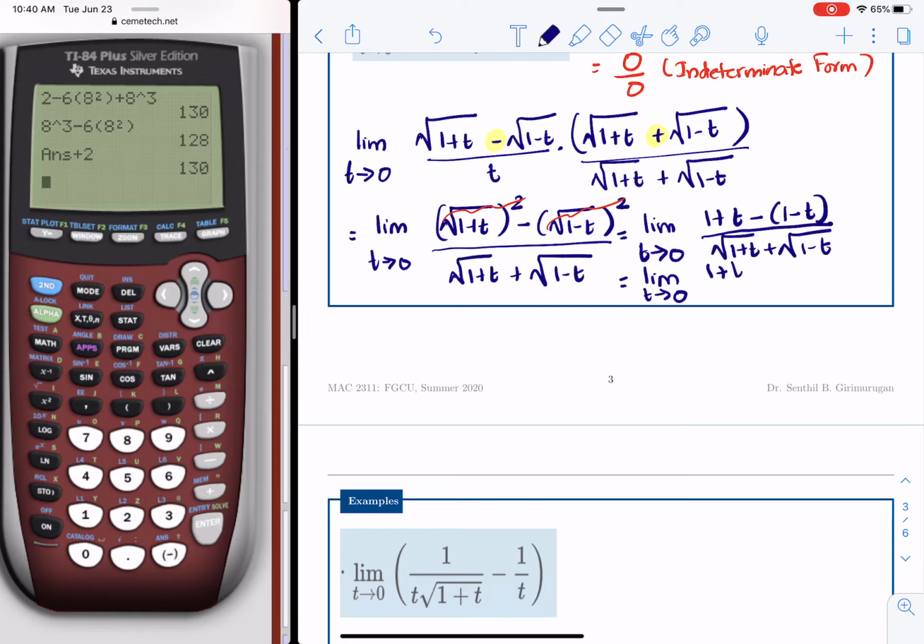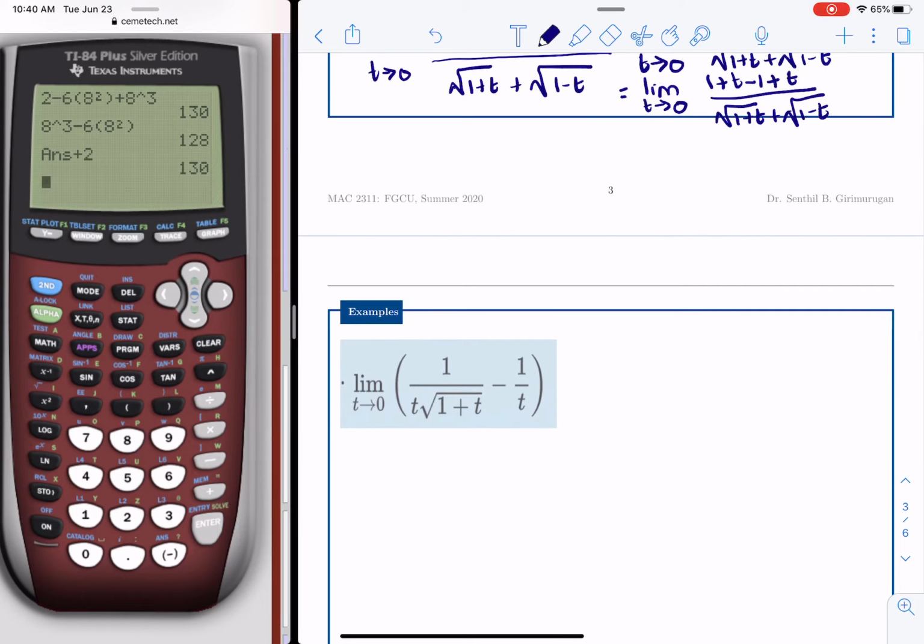Distribute the negative. The 1s would get cancelled and we'd have 2t over square root of 1 plus t plus square root of 1 minus t. So we have one function divided by another function, so we could apply the limits individually.